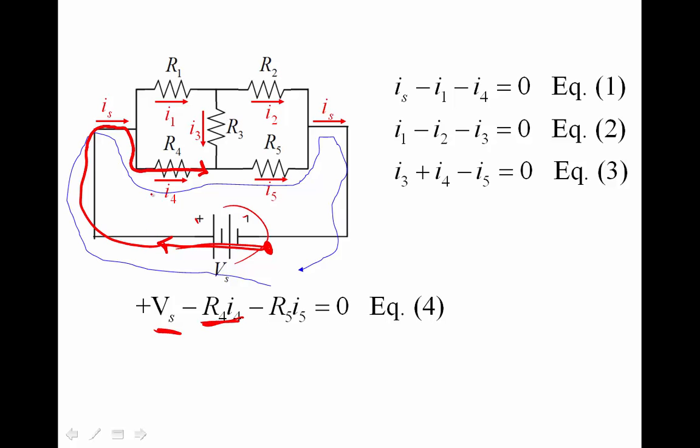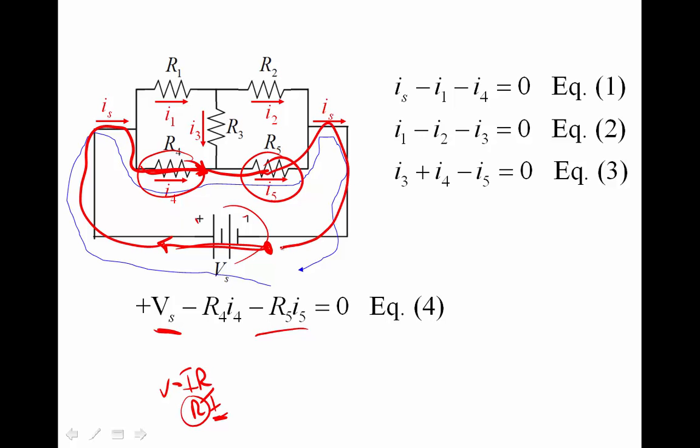So that's minus V equals IR, but I'm writing it as RI because I is our unknown, so I wanted the constant in front of the I. So I'm subtracting the voltage because I'm going with the current. Then I'm going with the current again right here in R5, so that's a minus R5 times I5. Come around here and I get to where I started, and then we set it equal to 0.